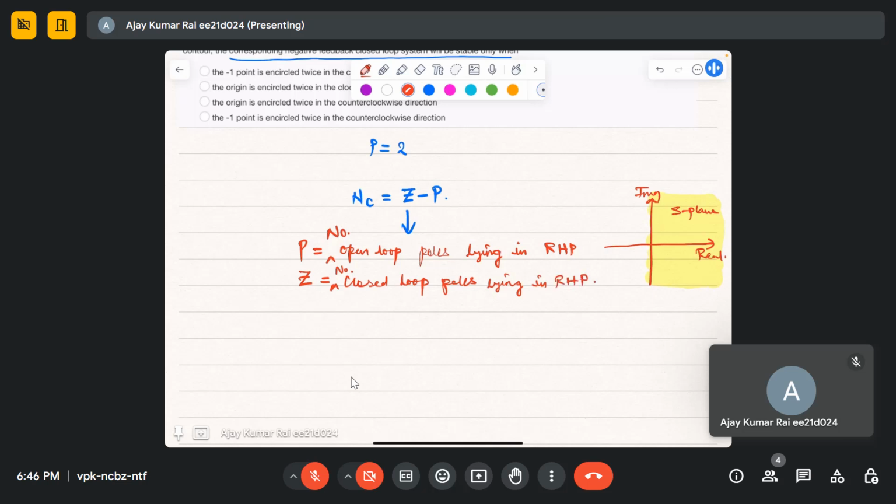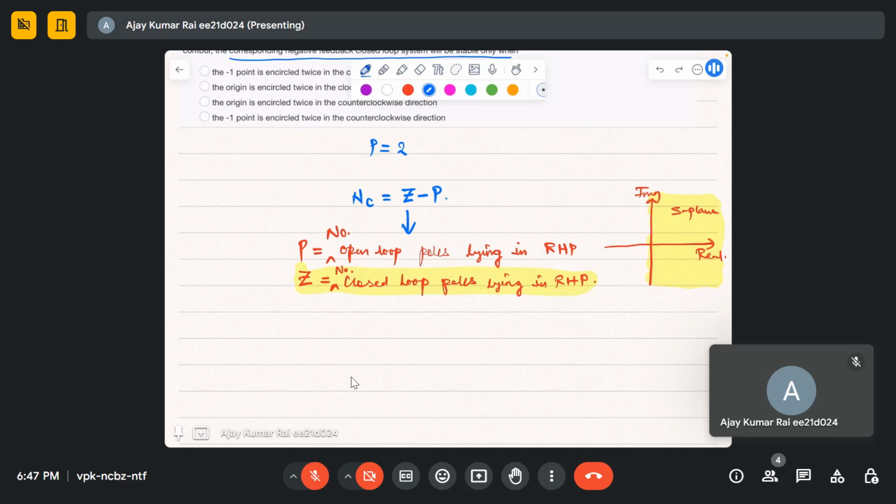So what determines the stability of the closed loop system? It depends on this Z, right? The number of closed loop poles lying in the right half plane. For stability, we want zero closed loop poles to lie in RHP.